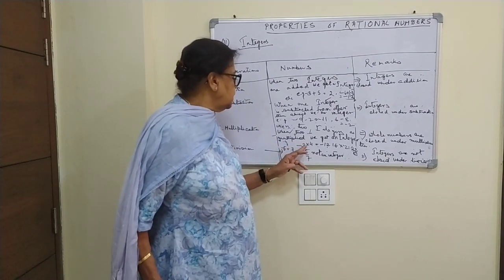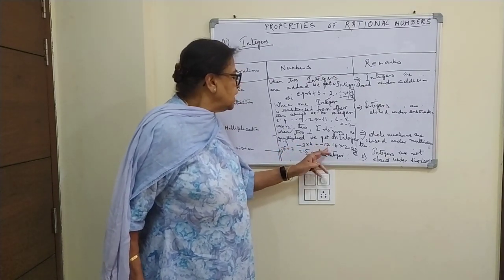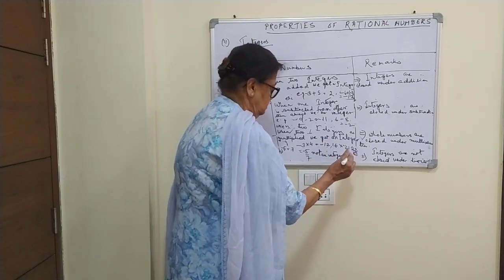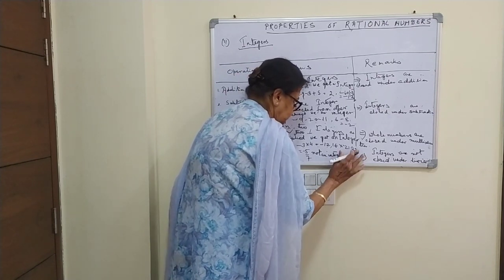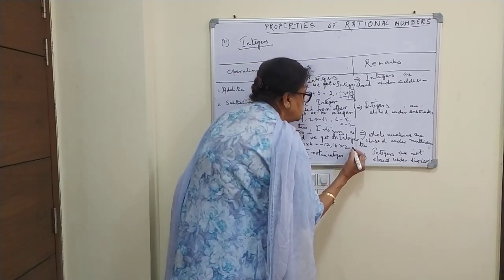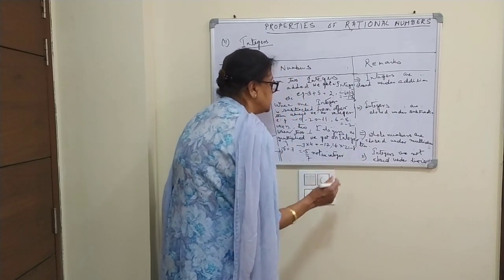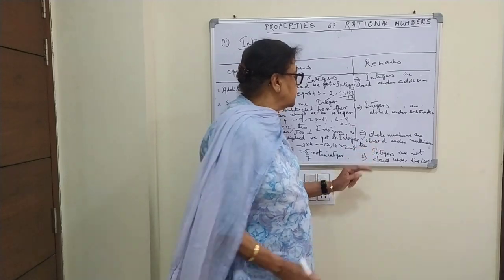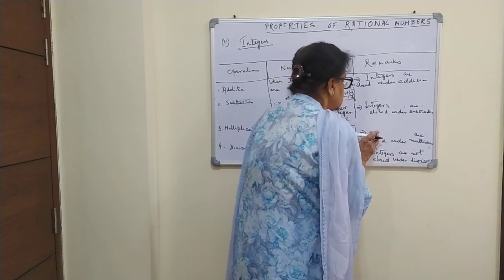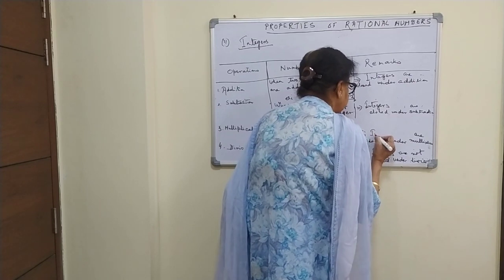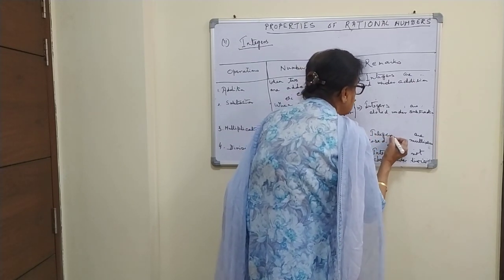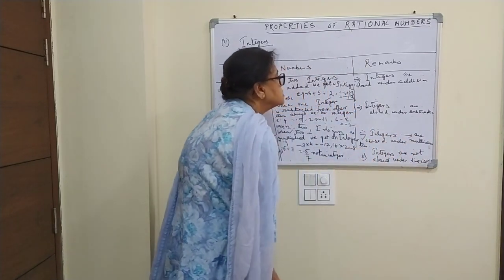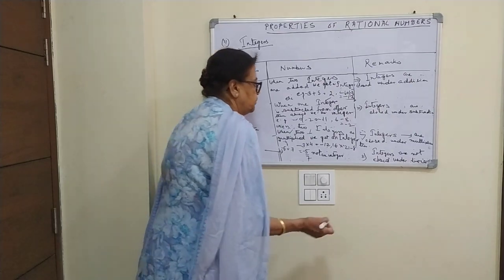Minus 3 into 4 is minus 12, and 16 into minus 2 is minus 32. So integers are closed under multiplication.